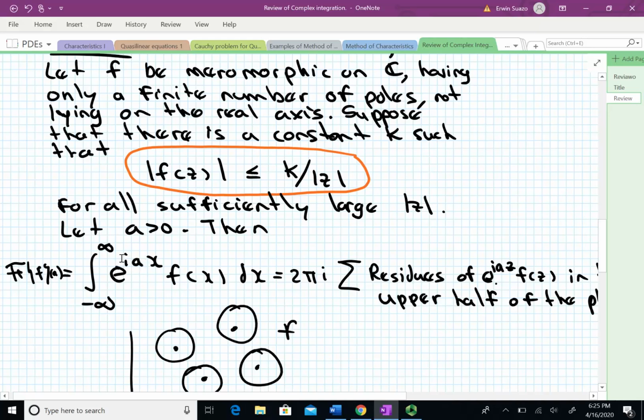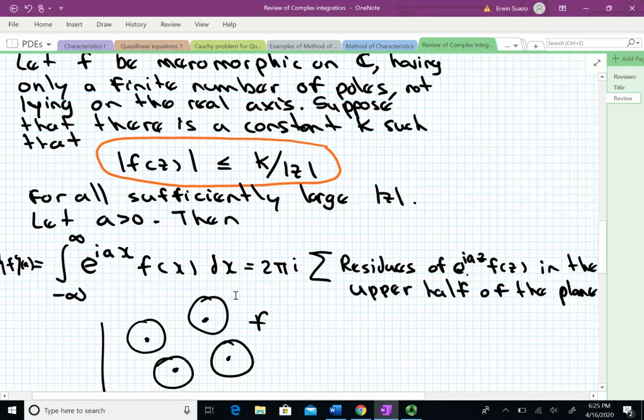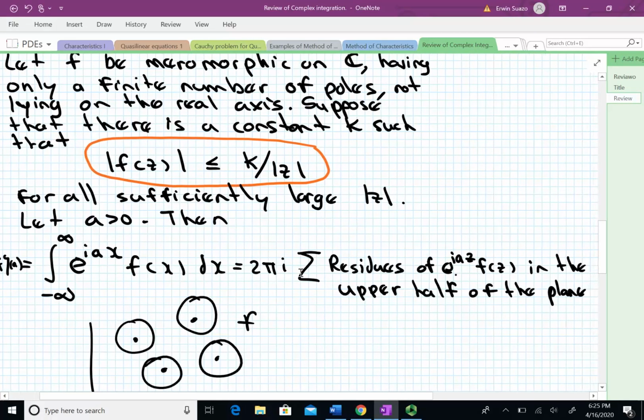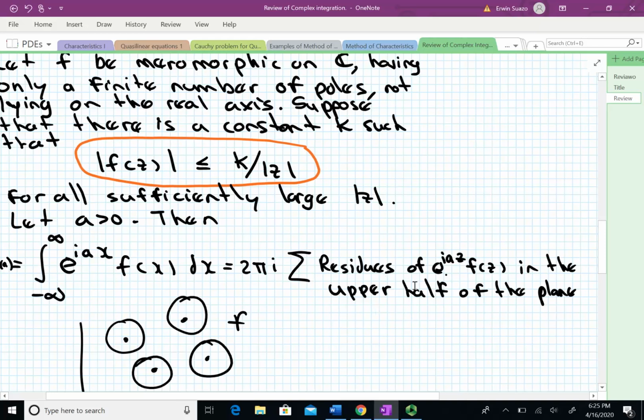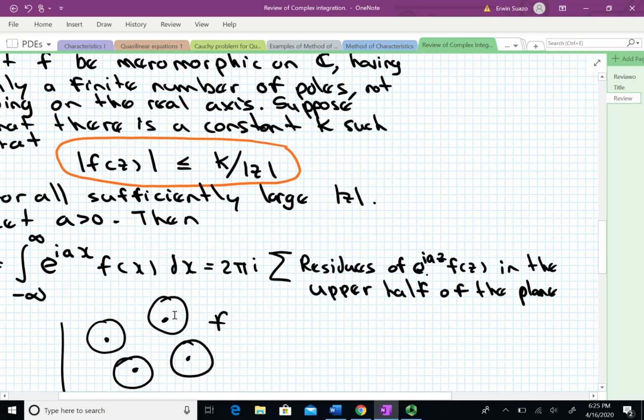This is going to be 2 pi i times the sum of the residues of e to the i a z f(z) in the upper half of the plane. So to find the Fourier transform of this f, you have to find the residues of the upper half plane.